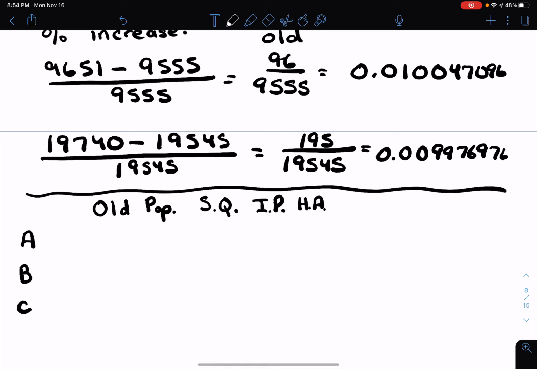Then we're going to do the same thing with new population. We'll just compare them side by side. So new, standard quota, integer part, Hamilton's apportionment.